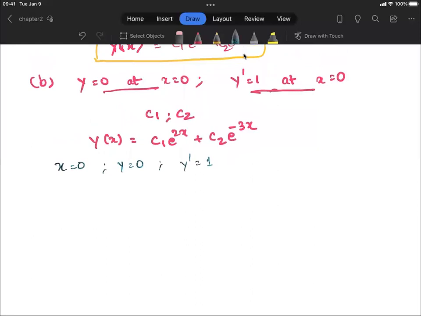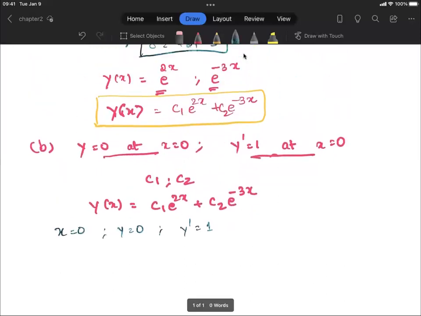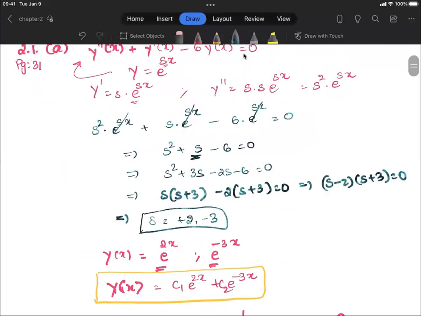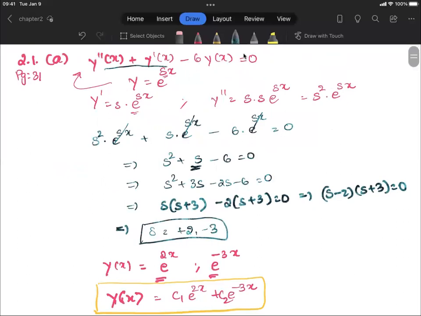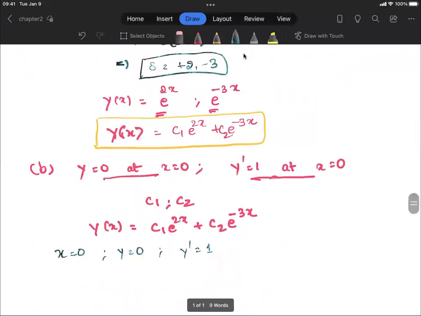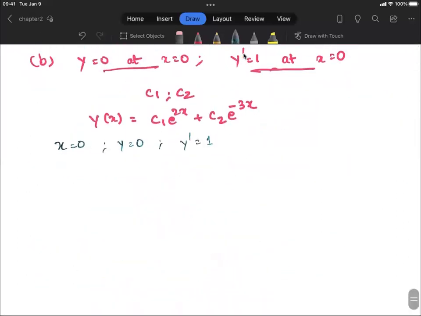So what I'm going to do is plug in these values in the differential equation. So we have the differential equation here. So that would be the second derivative of y plus first derivative of y minus 6 times y of x equals 0.